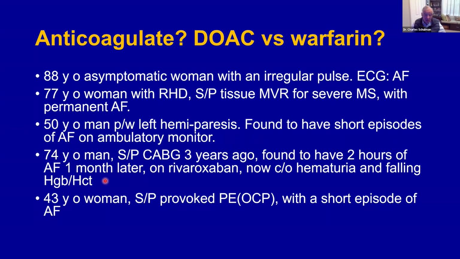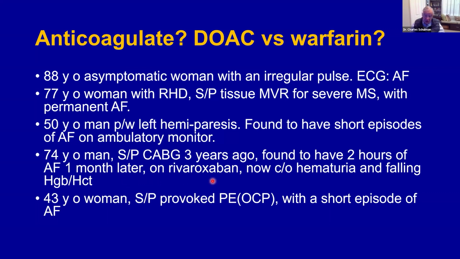This gentleman was a problem. He had a CABG 3 years ago, and a month later was found to have atrial fibrillation. AFib is common immediately following cardiac surgery, and it's often considered to be a one-time occurrence, and so people aren't on chronic anticoagulation, but he had AFib a month later, which indicates that he's probably at risk.